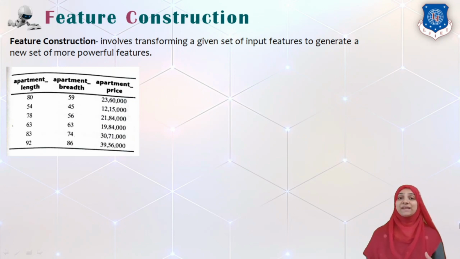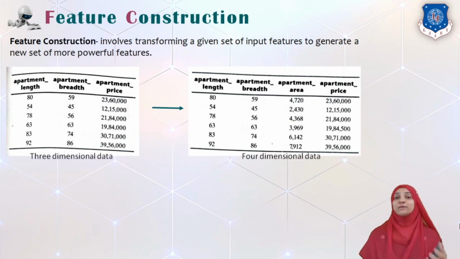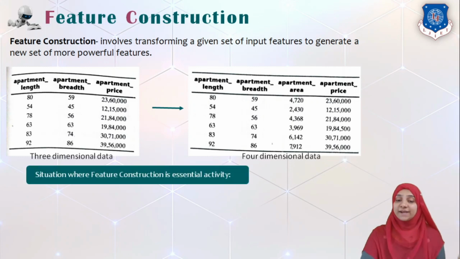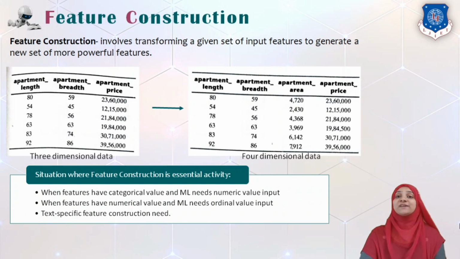Do they collectively represent a more powerful feature? Obviously, if I create a new feature like area of apartment by multiplying length and breadth, that is a more powerful feature to decide the price of an apartment. Previously my data was three-dimensional. We have added one more dimension. That's why the data set is now four-dimensional.